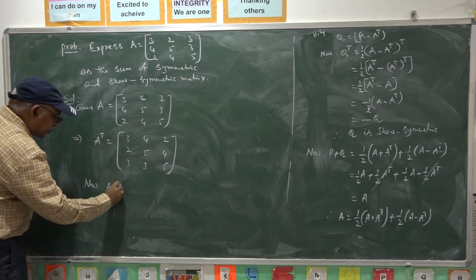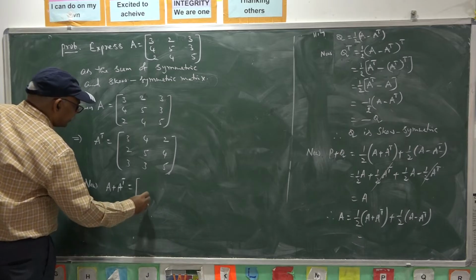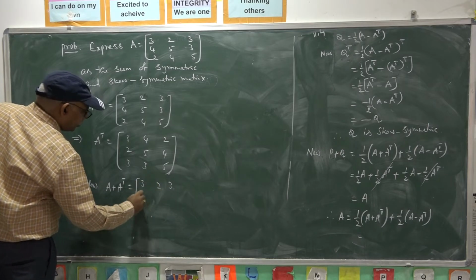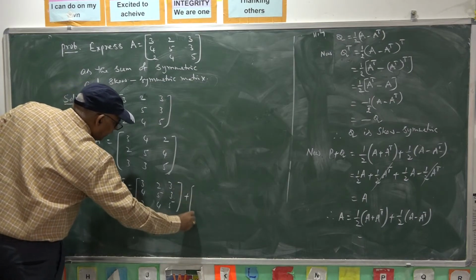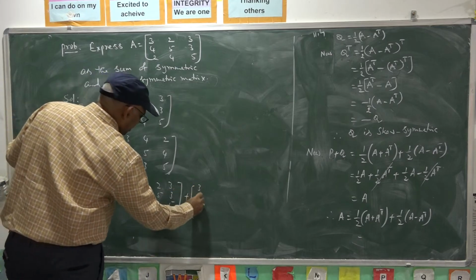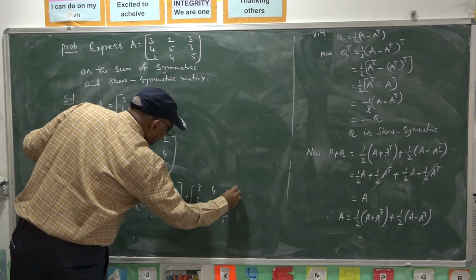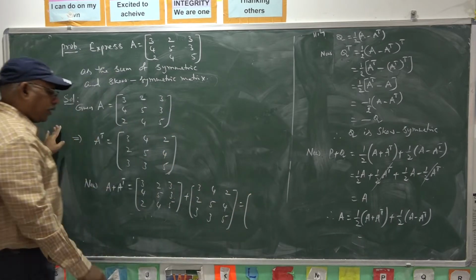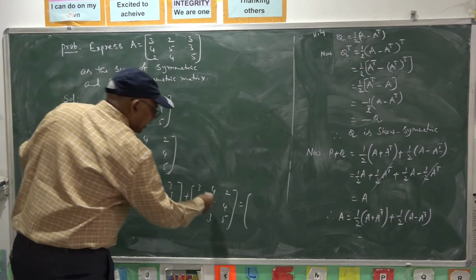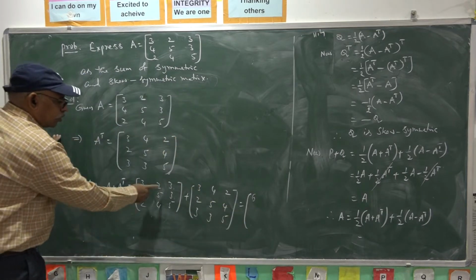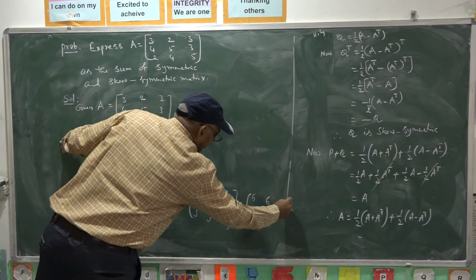Now consider A plus A transpose, adding these two matrices. A is 3, 2, 3; 4, 5, 3; 2, 4, 5, and A transpose is 3, 4, 2; 2, 5, 4; 3, 3, 5. Adding A and A transpose, we get 3 plus 3, 6. 2 plus 4, again 6. 3 plus 2, 5.